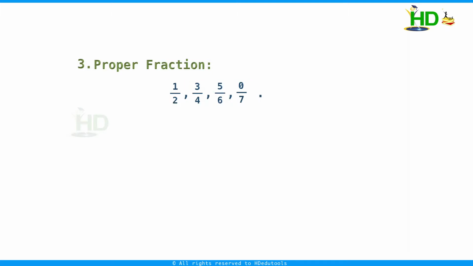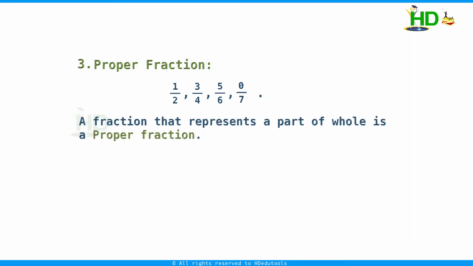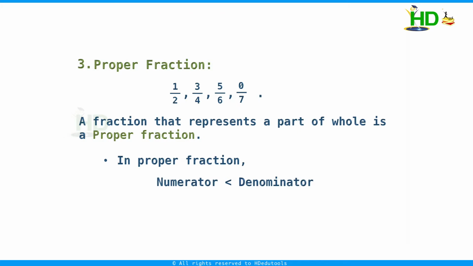That is, the denominator represents the total given number of parts and the numerator represents part of the total given number of parts. A fraction that represents a part of the whole is called a proper fraction. In a proper fraction, the numerator is always less than the denominator.